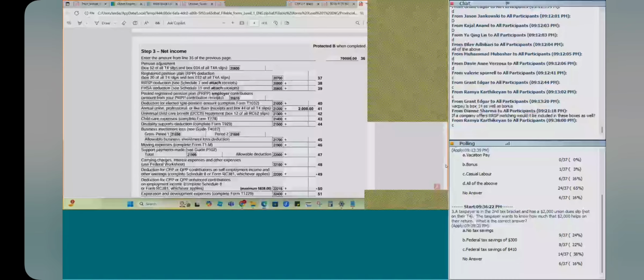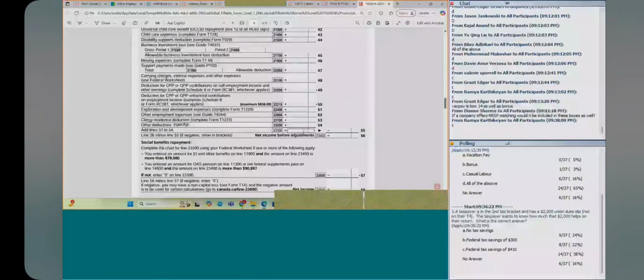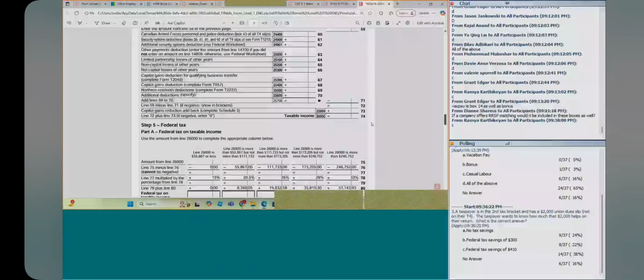Assuming it's their only deduction, that $2,000 comes down here and is deducted from the $70,000, and that gives us $68,000. That number carries forward, and assuming they have no other deductions, that $68,000 is their taxable income. So that means the $2,000 isn't included in the taxable income.